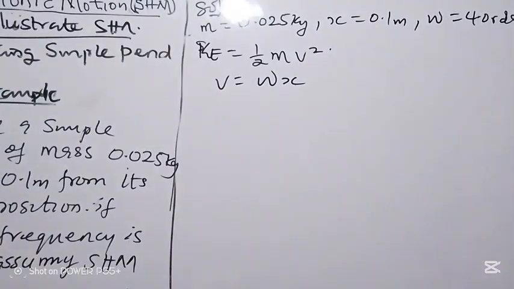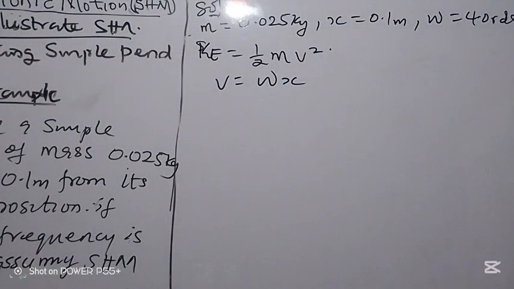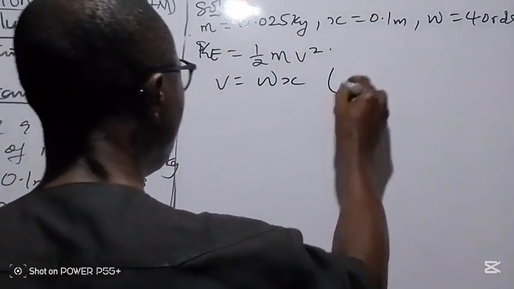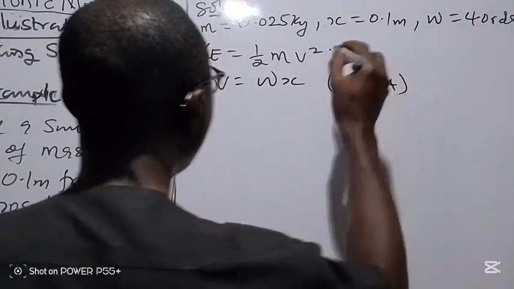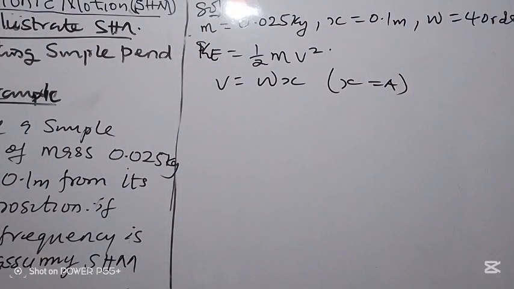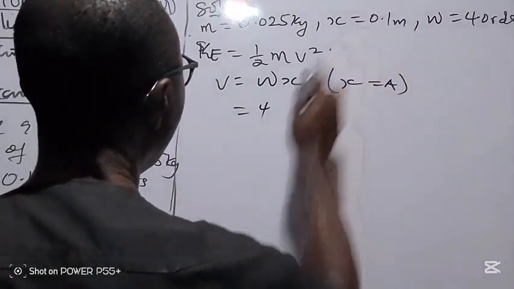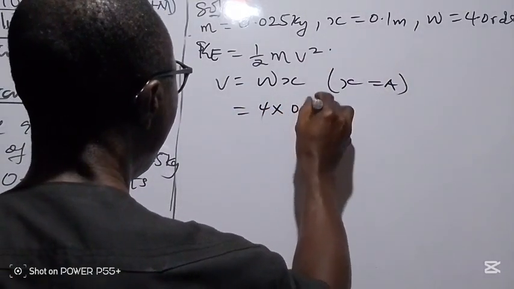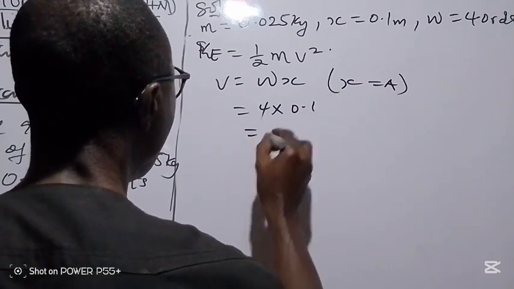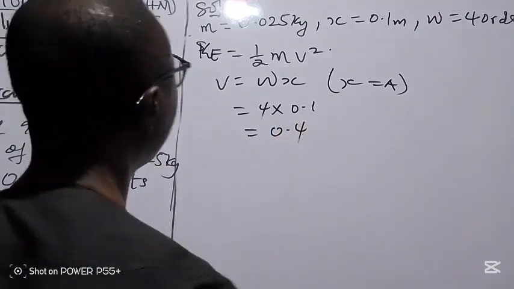That's the displacement when S is equal to A. Now, what is our omega? That will be 4. Our S is 0.1. Then this one will now give you 0.4.